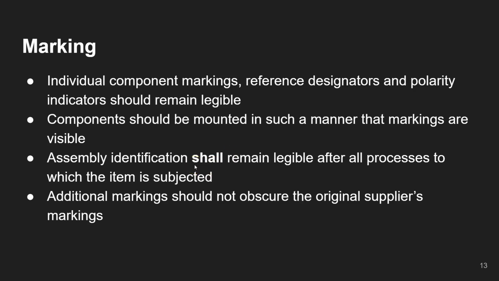Marking should be used to provide a reference, for example a logo, or if you want to put the serial number or part number. The marking location should be such that it avoids placing information under components, and it should not be in a hidden location.